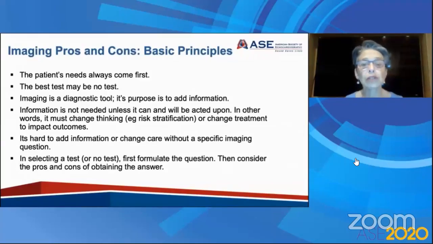So while it's wonderful to get pretty pictures and to have prolonged exams, for example, what the patient needs comes first. And in this patient, as I'll talk about in a minute, the clinical situation was actually kind of dicey. And so it was important to be parsimonious about the imaging performed to make sure the patient could get to therapy.